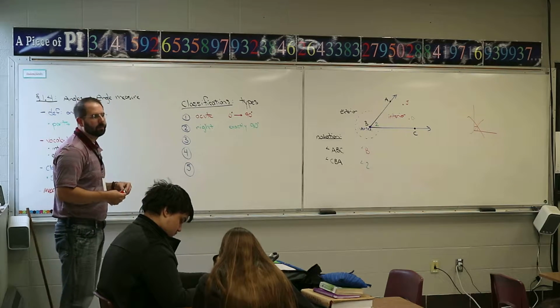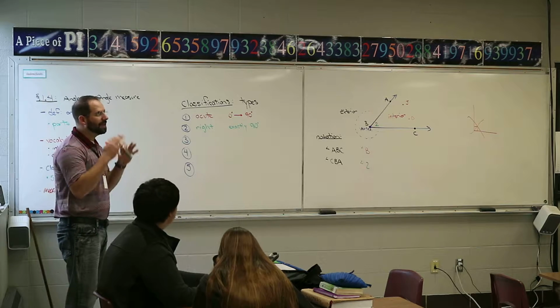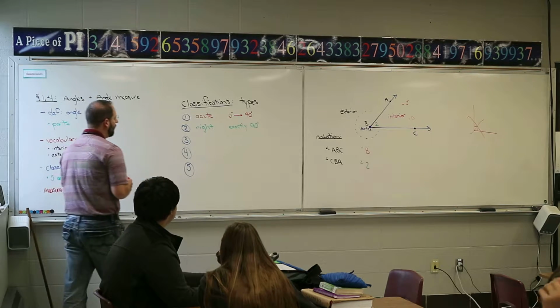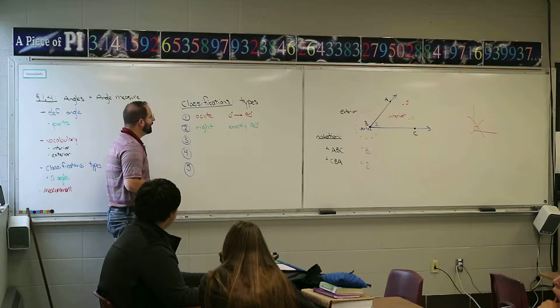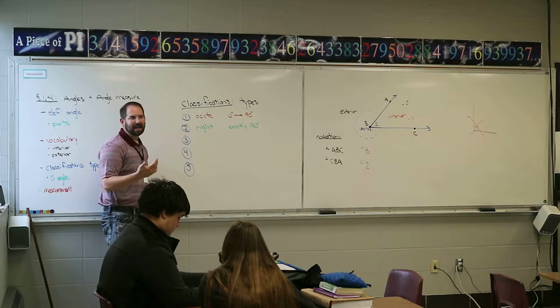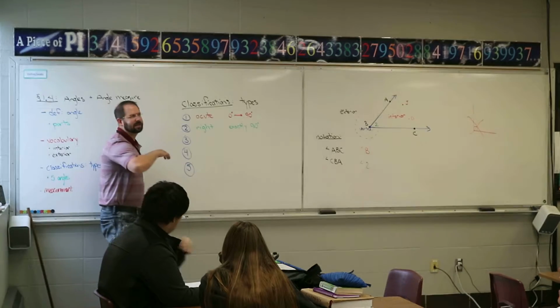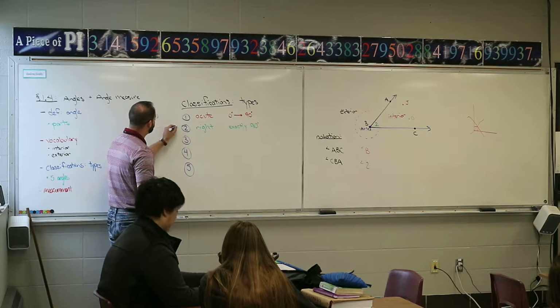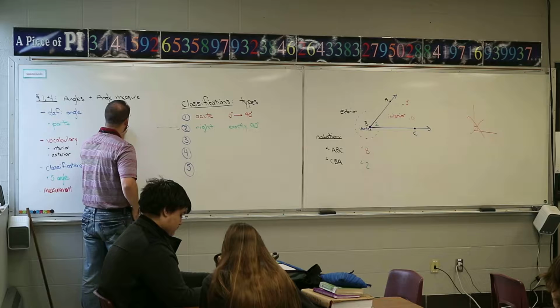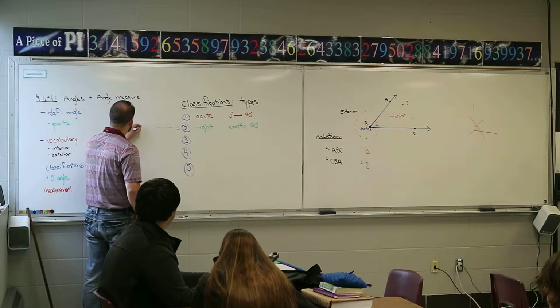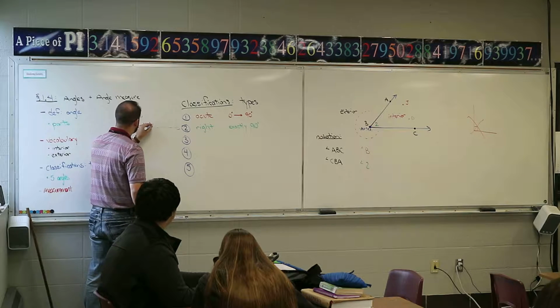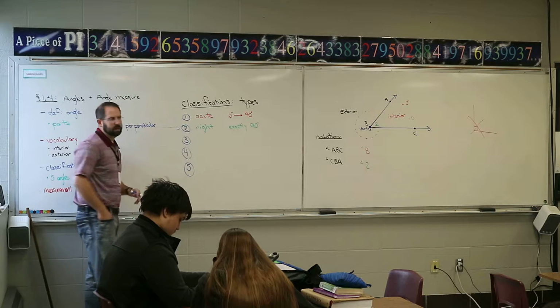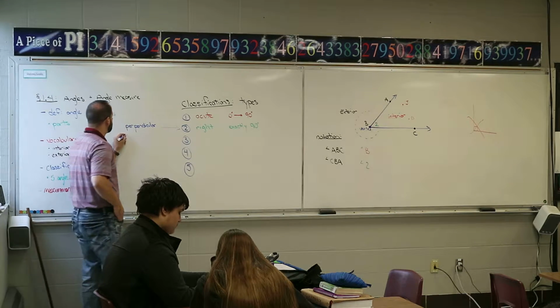A right angle. Now, there's other names for right angles. And this is the part you need to get used to, is when you get to a college level class, instead of just saying right angles, they'll use other words for right. They could say perpendicular. Perpendicular means right angles. There's the word orthogonal.